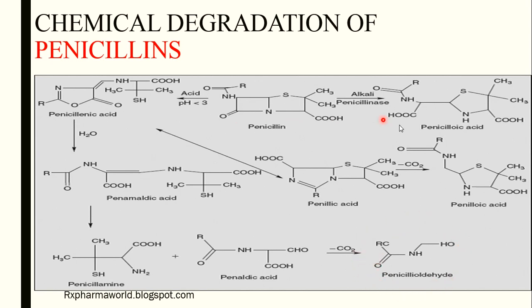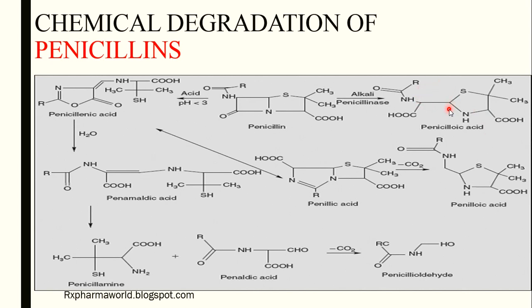Now coming to the right part of the penicillin, this is the general structure of penicillin. When penicillin reacts with alkali or in the presence of penicillinase enzyme, cleavage of the beta lactam ring takes place. Here the cleavage takes place. The thiazolidine ring is as such. Two methyl groups are present at the second position. At the third position, the carboxylic acid group is as such.